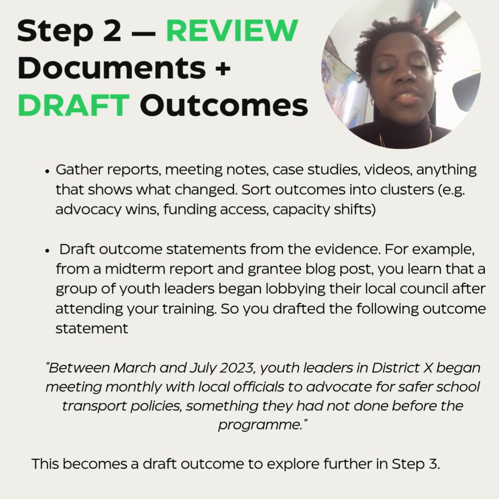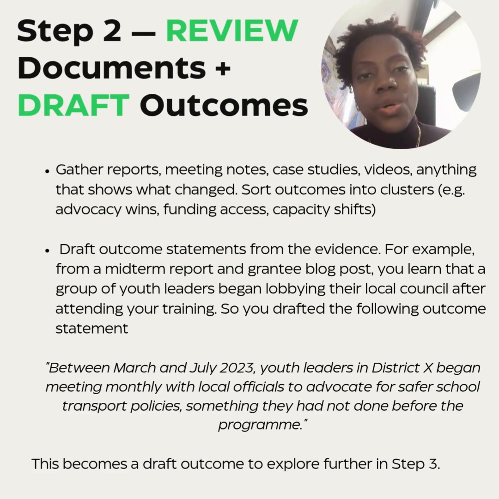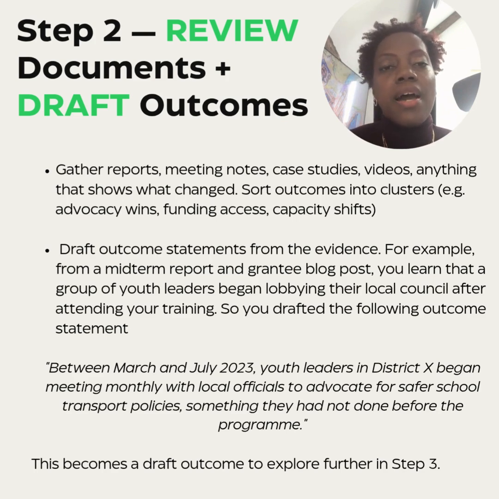Between March and July 2023, youth leaders in District X began meeting monthly with local officials to advocate for safe school transport policies, something they had not done before the program. This becomes a draft outcome to explore further in step 3. Make sure that your outcome statement has information on who changed, what changed, where, and when.